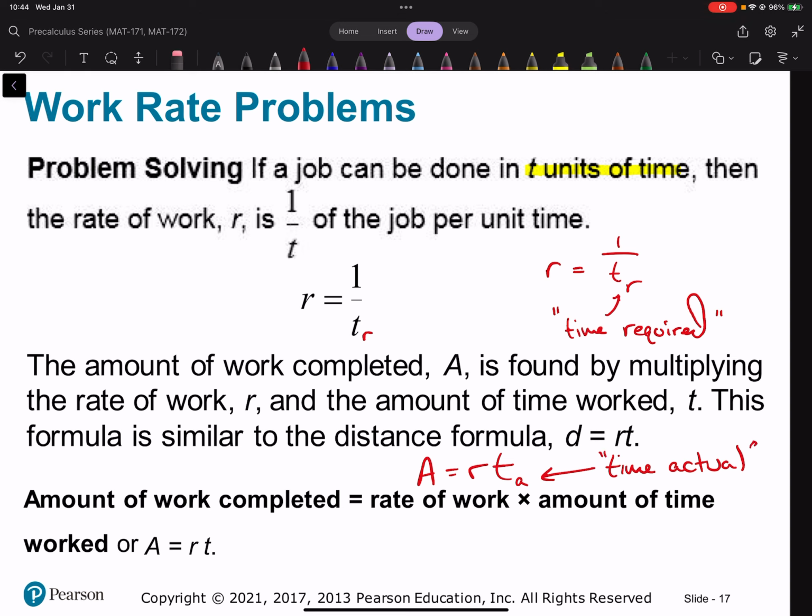For example, if it takes us an hour to bake a dozen cookies, right, and we bake for 4 hours, we should have 4 dozen cookies, right? So I would like to add this modification to the formulas to help you understand which of them I'm plugging in for. Because just writing T doesn't really tell you whether it's the time required or the time you actually spend working. Okay, so with those two formulas, we can solve any of these work rate problems.